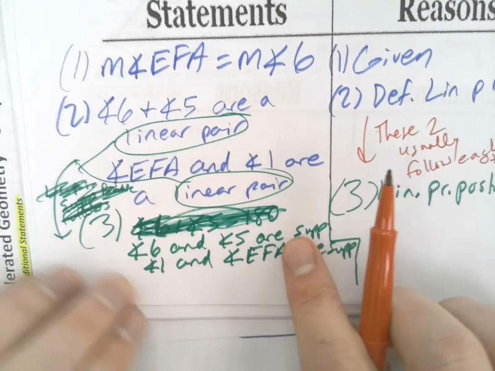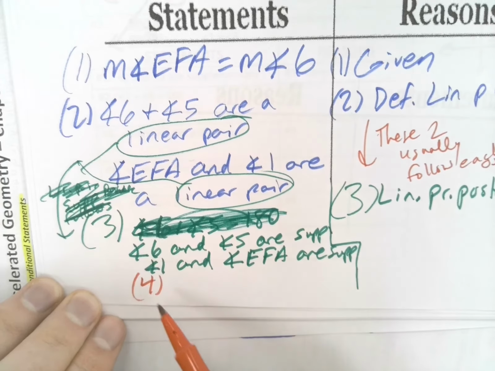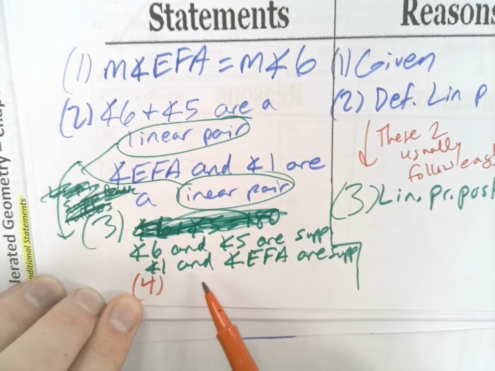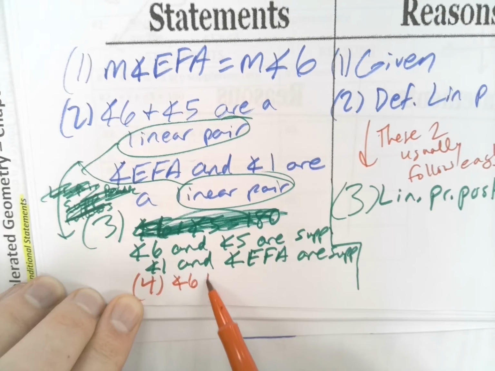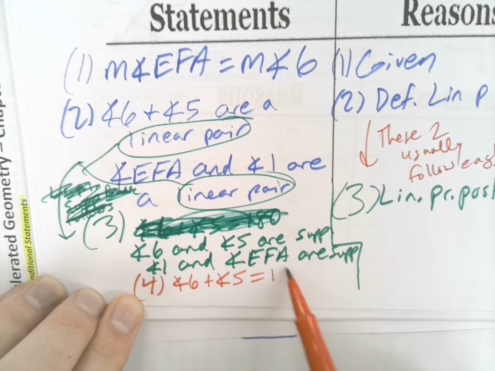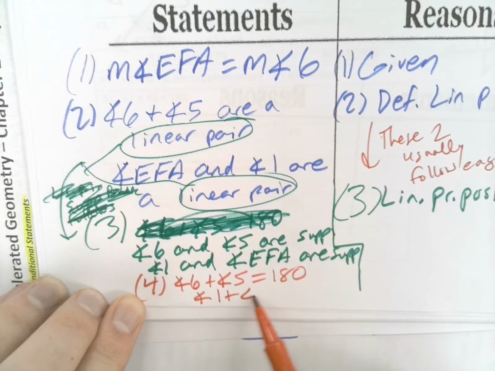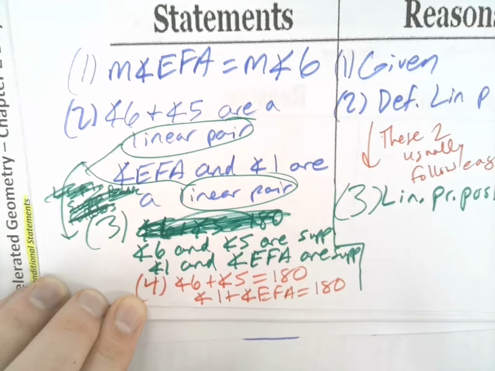And then based off supplementary, what do we know they're going to add up to be then? Well, sorry, I'm running out of room here. Angle 4, we know that angle 6 plus angle 5 should be 180. And we know that angle 1 plus angle EFA should be 180. Okay.